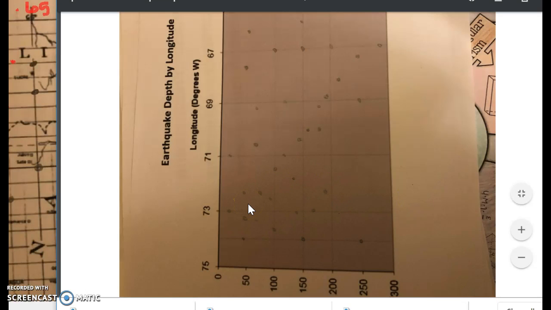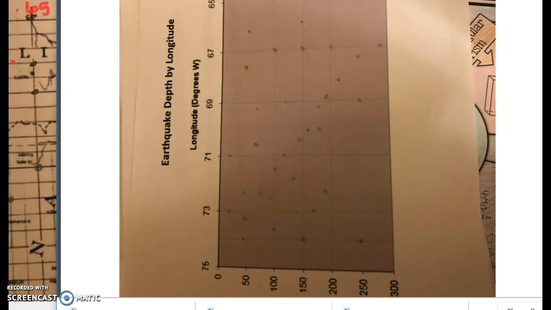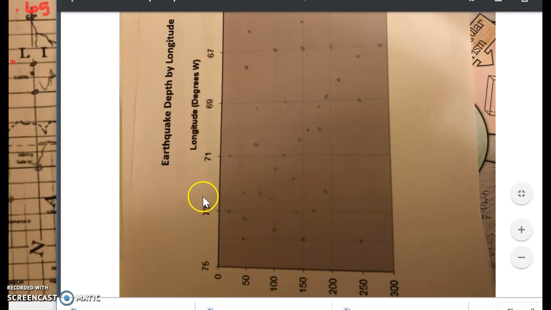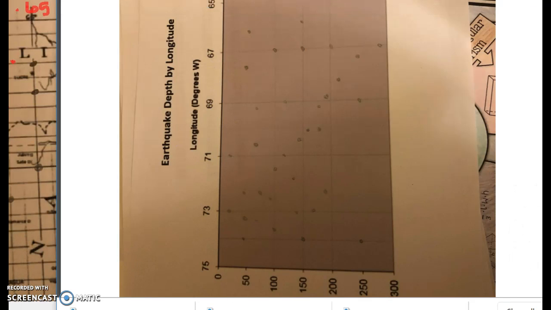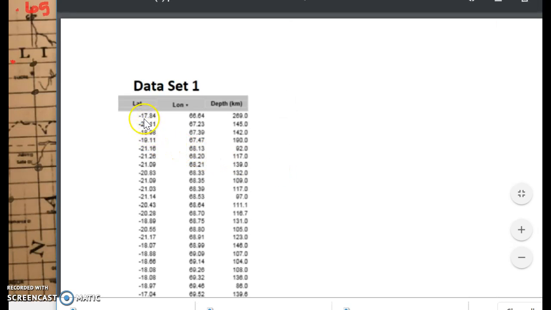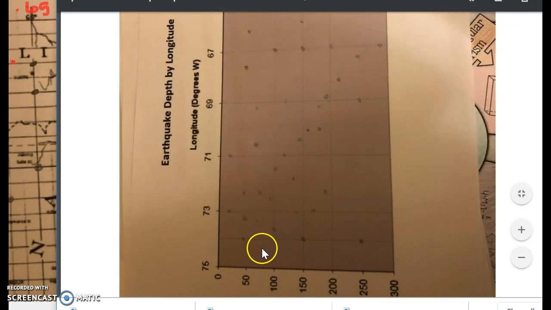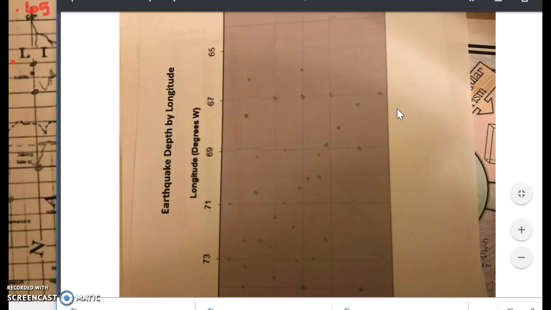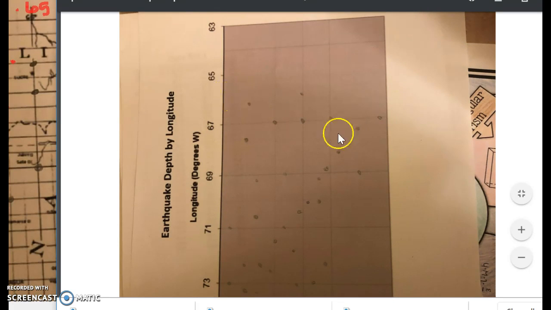Now you're doing depth off the data. You'll do the same thing, so you're just going across to where it was on here. Here's the data set. We're using longitude and depth. This one is 66.64 and 269. Back on your part here, it was 66, so this is 67. 66 would be halfway.